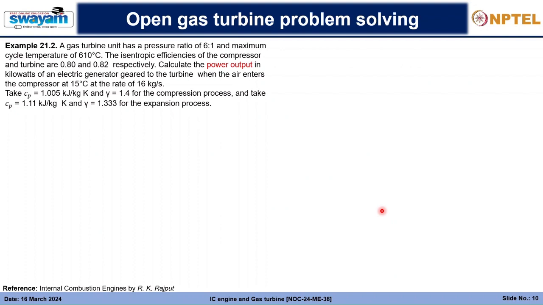a gas turbine unit has a pressure ratio of 6:1 and a maximum cycle temperature of 610 degrees Celsius. The isentropic efficiencies of the compressor and turbine are 0.8 and 0.82 respectively.